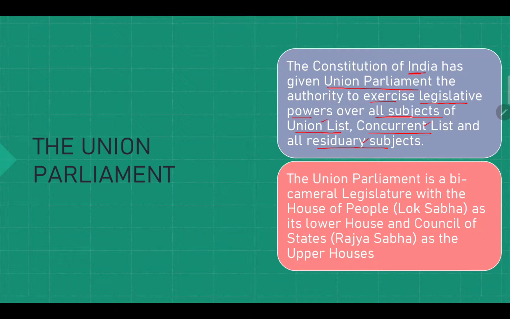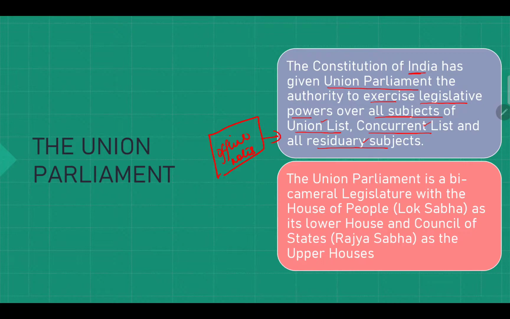I have already explained what the union list, concurrent list, and residuary subjects are in your offline classes. Please revise these terms. I am not explaining the same terms again. You can see them in your offline notes. I have talked in a detailed manner about the union list, state list, concurrent list, and residuary subjects.